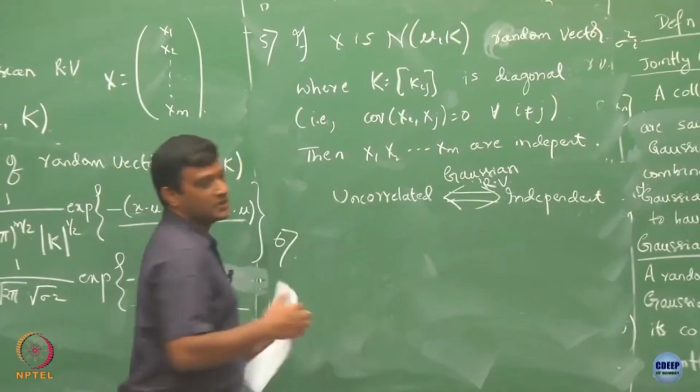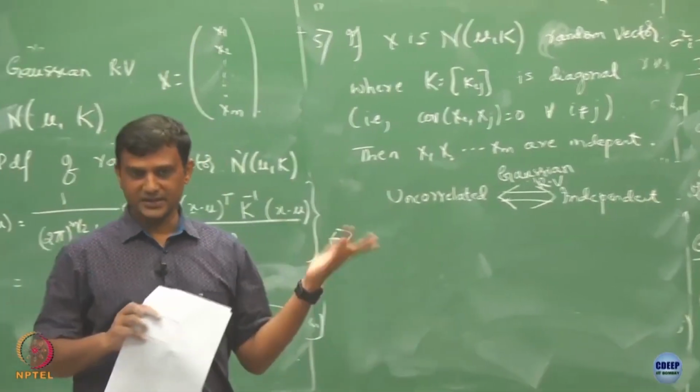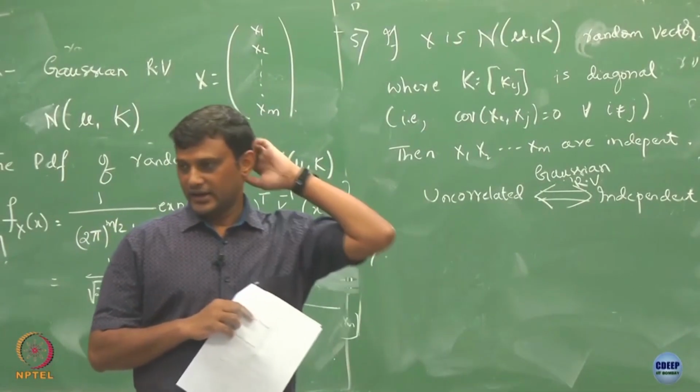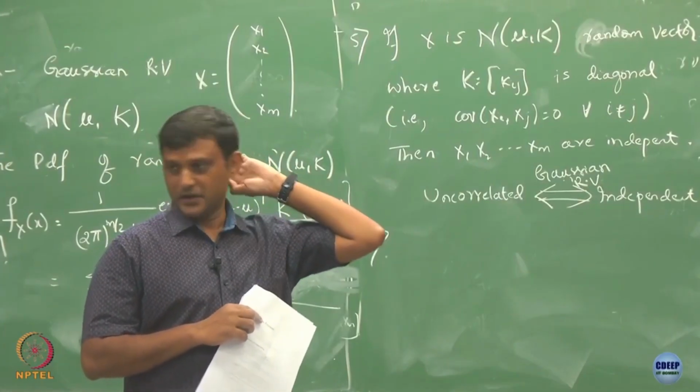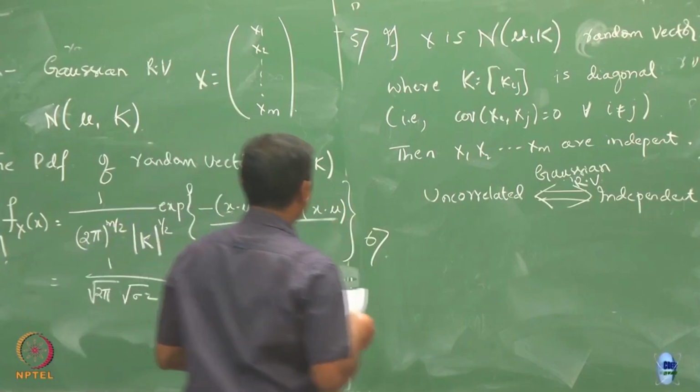Now how to compute the characteristic function? The characteristic function, as we said, has some nice properties, right? That is, it is going to be unique for a given distribution and vice versa.